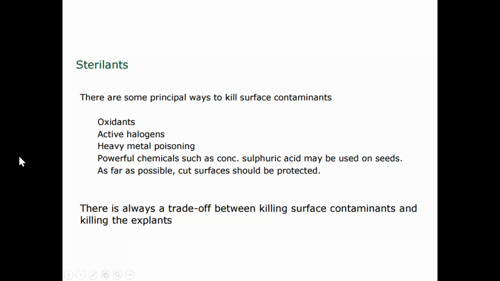So sterilants are used in the laboratory for removing microorganisms from the auxiliary bud or explant. We use oxidants, active halogen, heavy metal poisoning, powerful chemicals such as sulfuric acid may be used in case of seed as far as possible. Cut surface should be protected.